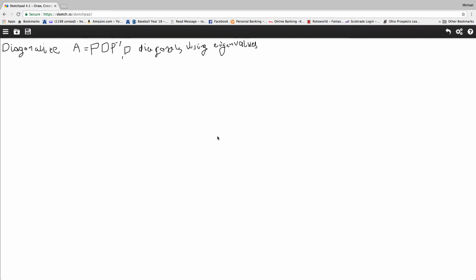So this time I'm going to be proving that you can diagonalize any matrix using its eigenvalues, the Peyam's way.